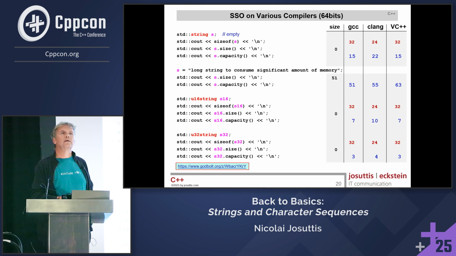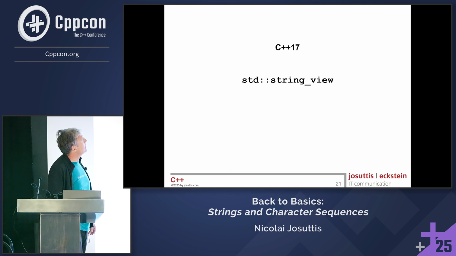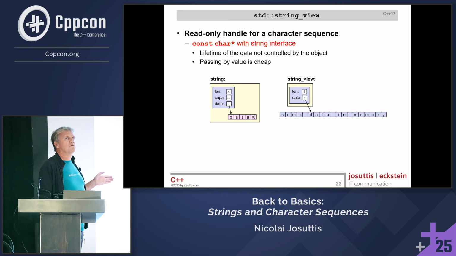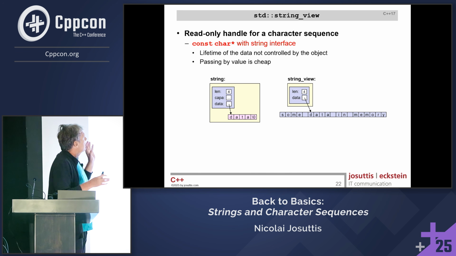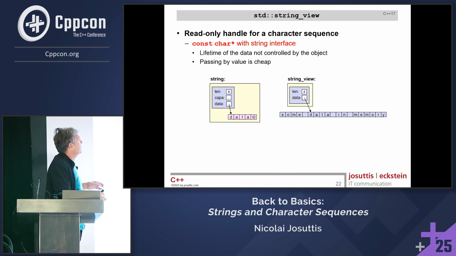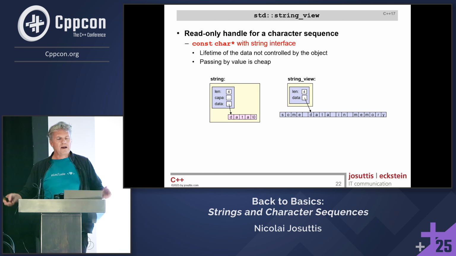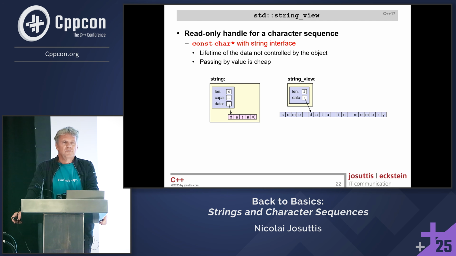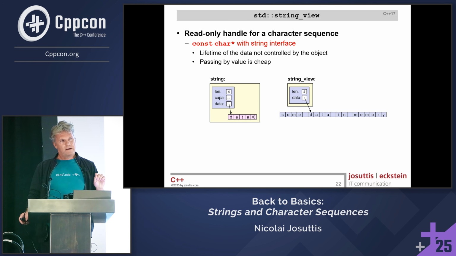Good. So far, strings. Now let's talk about string views. What are string views? String views are completely different than strings. While strings are value types, they hold everything they need to store and deal with the value, string views don't do that. They are, in fact, just pointers to a character sequence, but they don't own the character sequence.